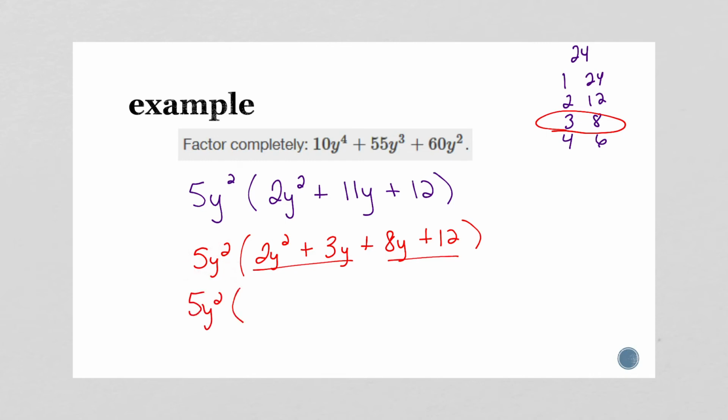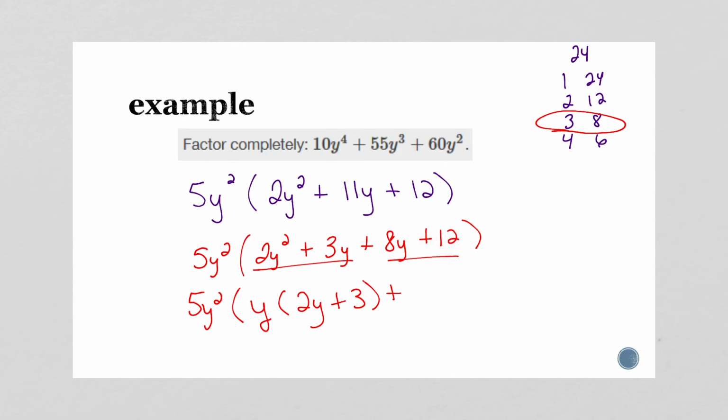And I'm going to factor out, what do these two guys have in common? They've got a y in common. So factor out a y. What times y would give you 2y squared? That's 2y. What times y would give you 3y? Plus 3. Okay, and remember, because this is a plus, I'm going to write down a plus here. And what do these two have in common?